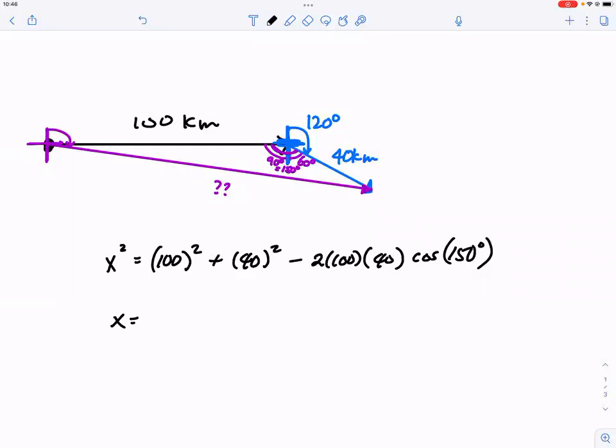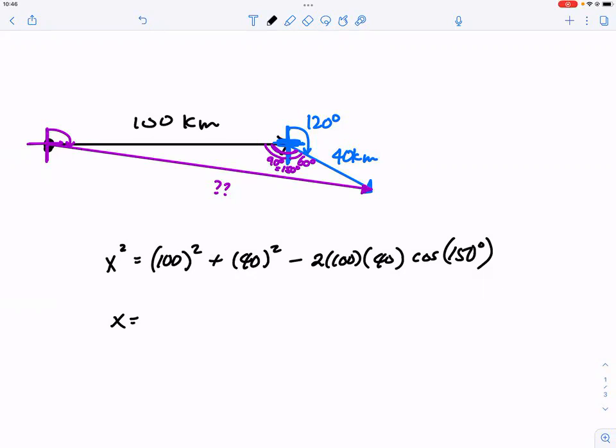Okay, so if you do everything properly, well, let me get my answer to 100 squared plus 40 squared, and then minus 2 times 100 times 40 times cosine of 150. I got a number, like 18,000, and then I would square root that number.